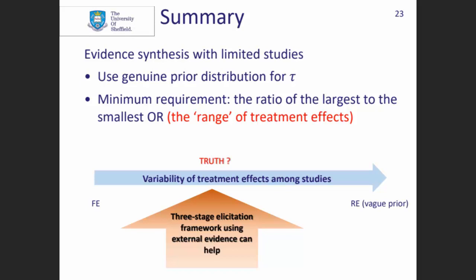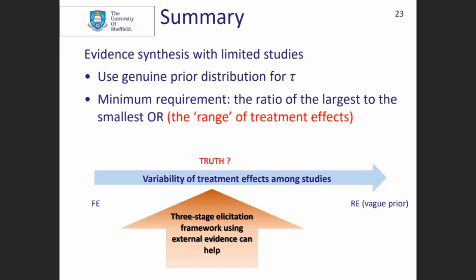And the minimum requirement here is the ratio of the largest to the smallest odds ratio if the outcome is binary. So the fixed effect and the random effects with vague prior, they actually provide results in two extreme ends. One assumes no heterogeneity, the other one is associated with very implausible extreme heterogeneity. The true variability of the treatment effects lies somewhere in between these two extreme ends.